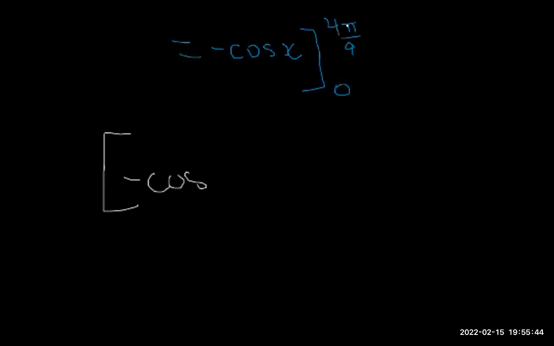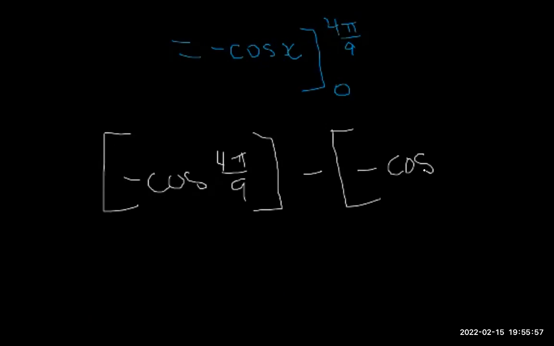Instead of putting x, I'm going to put the upper limit. So that's 4 pi on 9 minus, taking the same expression, wherever I see x, I'm now going to replace it with my lower limit, which in this case is 0. So that's cos of 0.